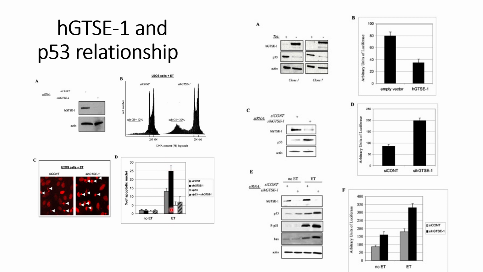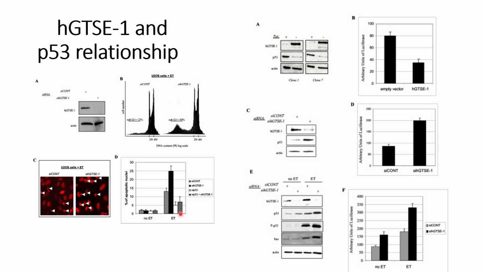However, one interesting thing they observed is that in the case of knockdown of p53 using silencing p53 RNA, they see a reduction in the apoptotic nuclei, even less than the control case. And when they knock down both p53 and hGTSE, the percentage of apoptotic nuclei is comparable to that case.